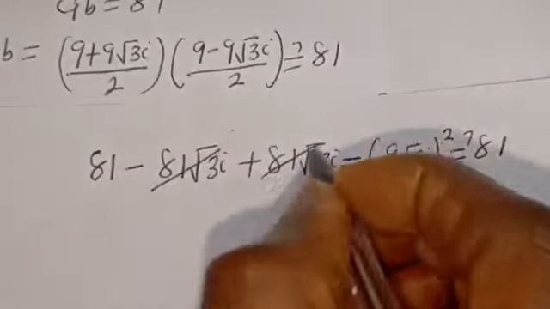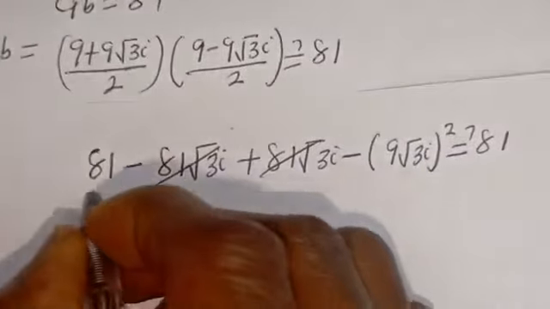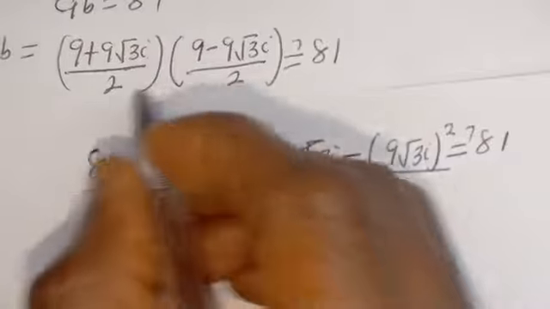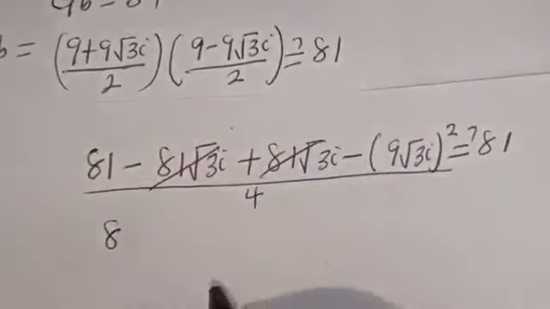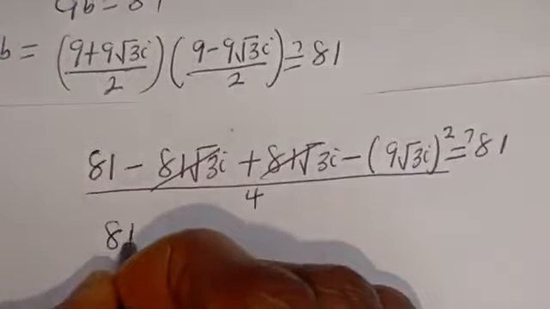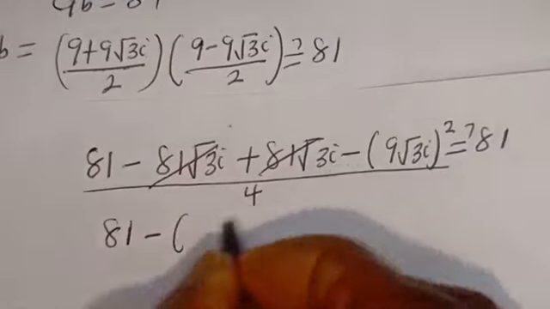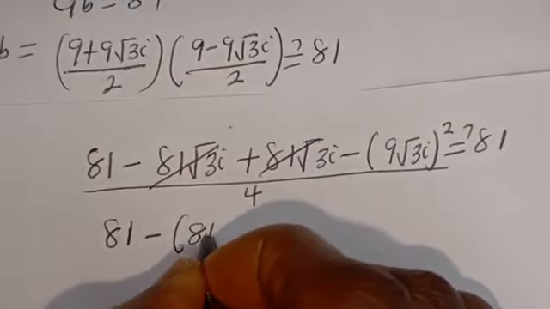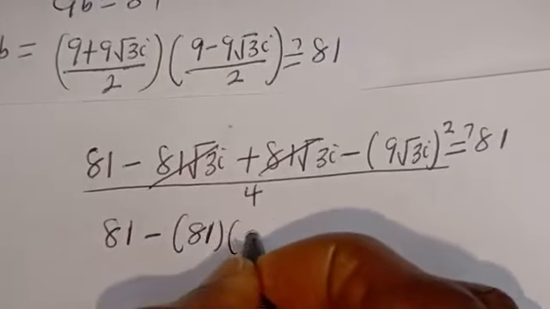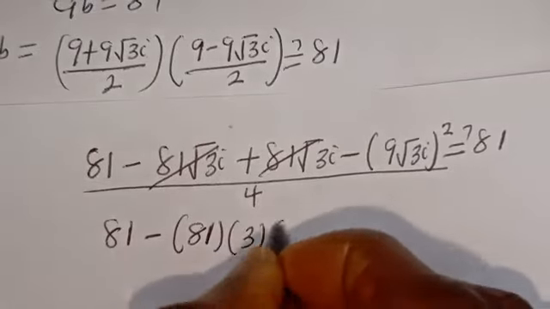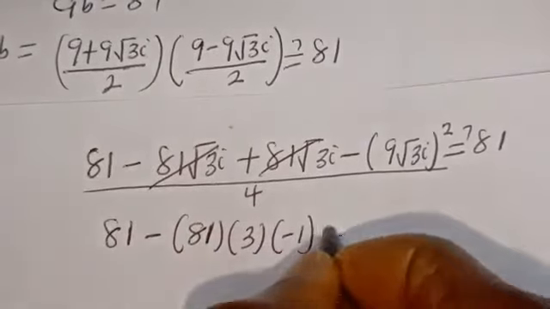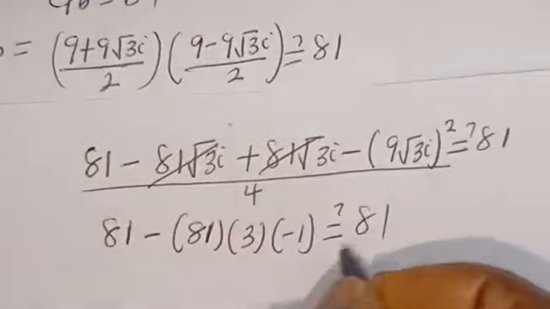Now this will cancel this. Everything divided by 2 multiplied by 2, that is 4. We have 81 minus bracket here is 81 multiplied by 3 multiplied by minus 1 must be equal to 81.